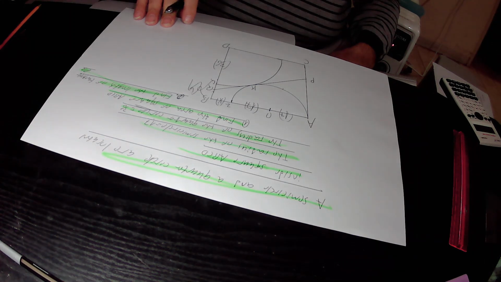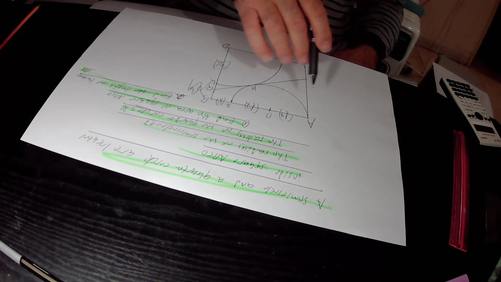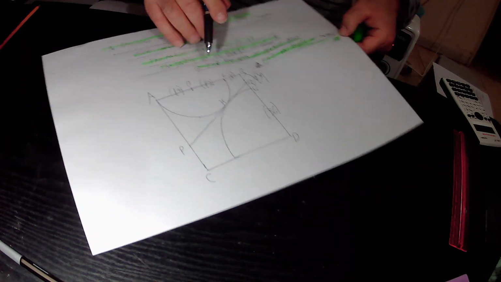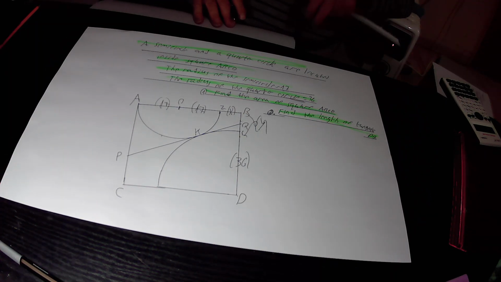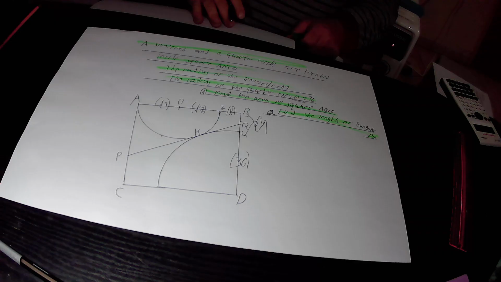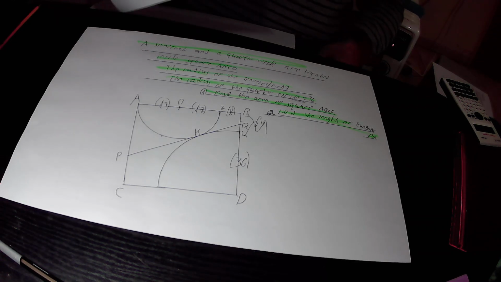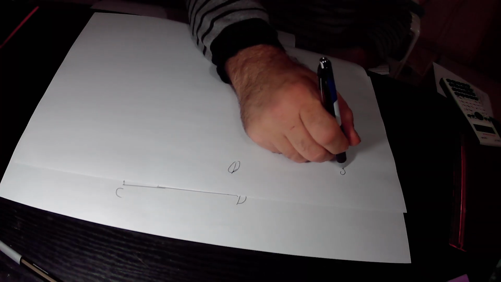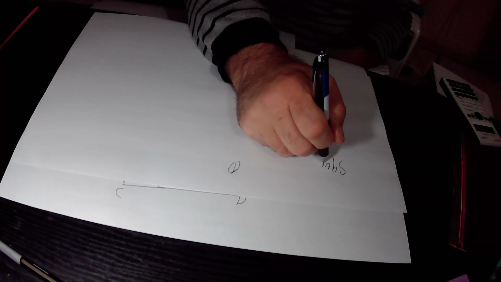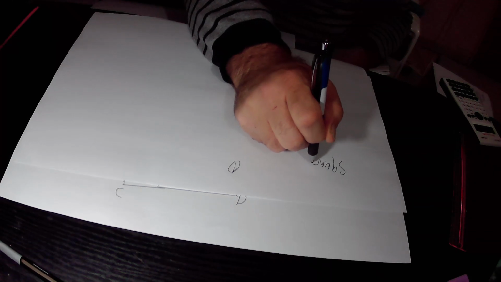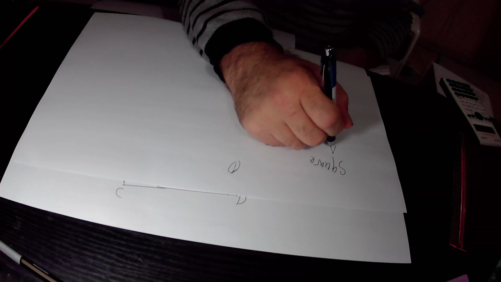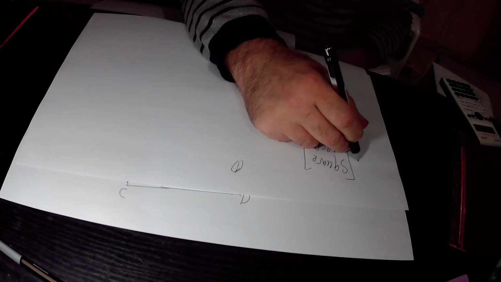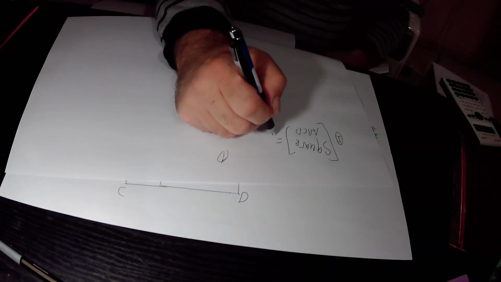So the first task is to find the area of this square ABCD. What is the area of this square ABCD? We know that the area of any square is equal to the length of one side squared.